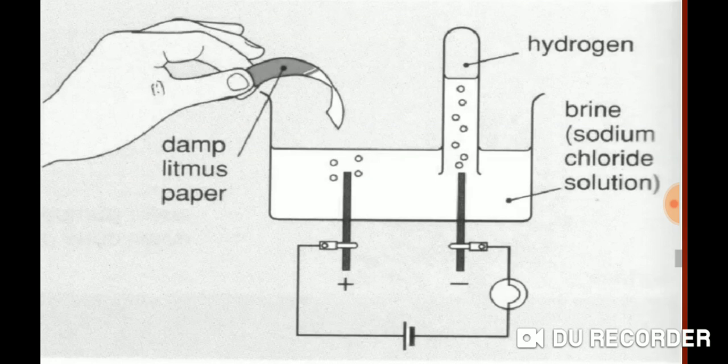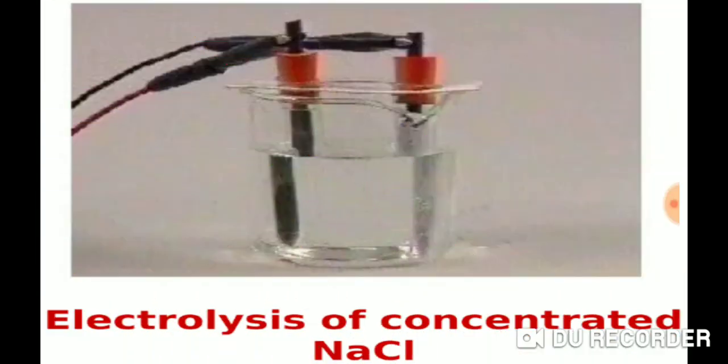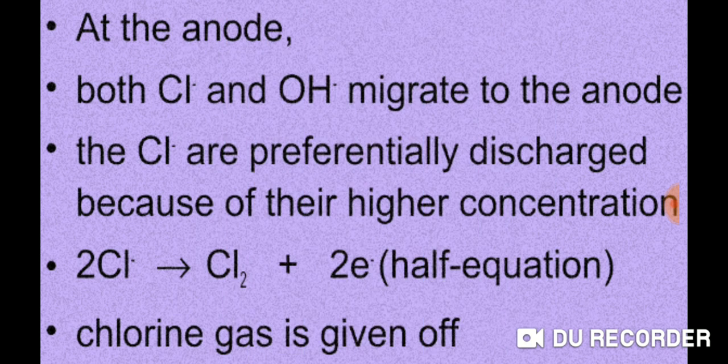Damp litmus paper indicates the formation of chlorine gas, whereas hydrogen gas is obtained at the negative electrode. Here, the electrolyte used is brine. Brine means sodium chloride solution. This is electrolysis of concentrated NaCl. Actually, the electrolysis is carried out in this way.